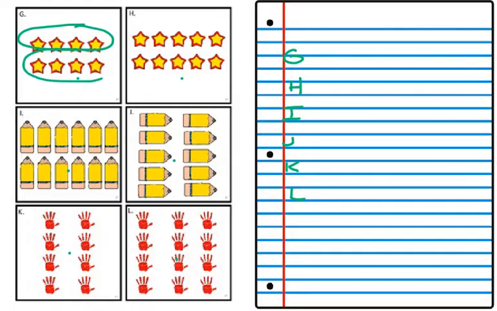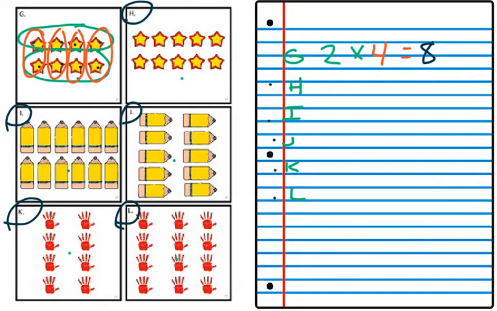I have 2 rows, 2 times, we have 4 in each row, equals 1, 2, 3, 4, 5, 6, 7, 8. I did the first one for you, so you only have 5 left to do. So I want you to do H, I, J, K, L. Write down the multiplication sentence and also the answer, which is the product, the answer when you multiply.